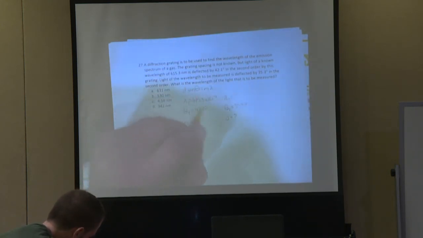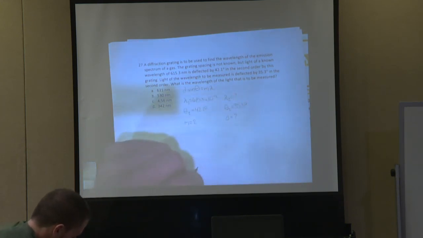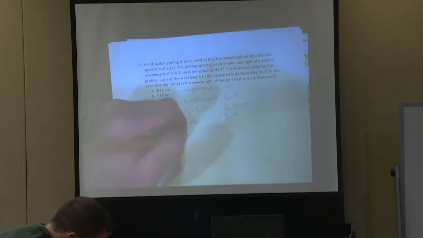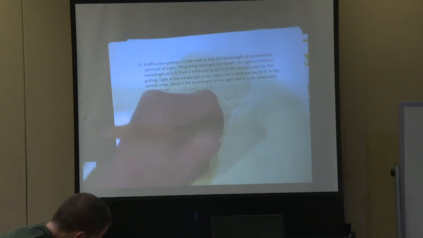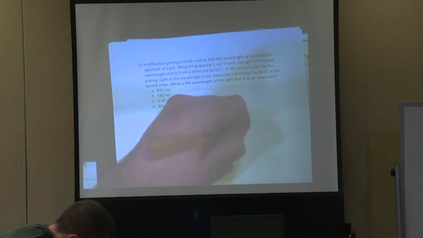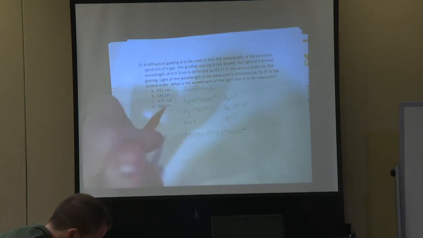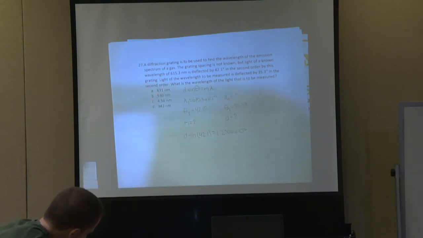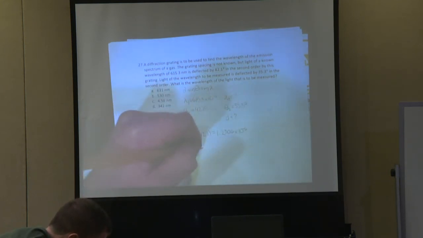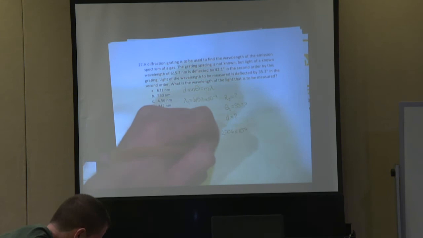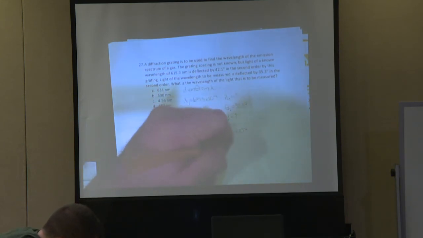So, using d sine theta, we're going to solve for d. That's 2 times the wavelength, lambda 1, over sine theta. And solving for d, we get 1.8355 times 10 to the negative 6th.